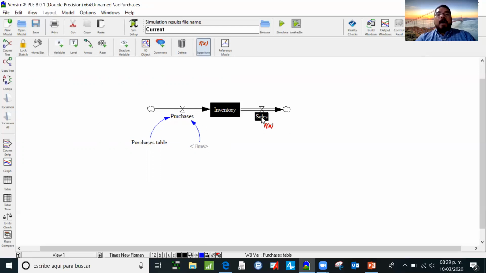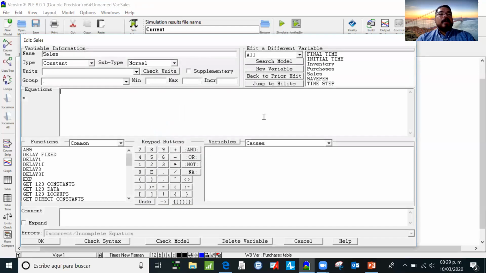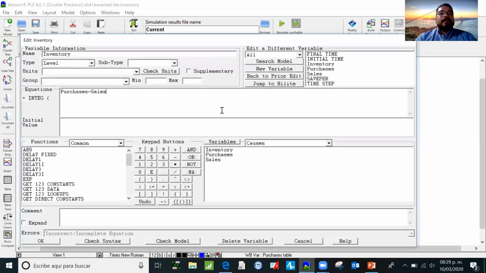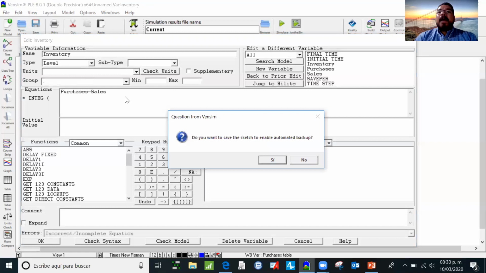Okay. Now I'm going to define the sales. We have already established that the sales are going to be constant and are going to be of 20 units per week. And for the inventory, as you can remember from the last video, the equation is already there. It's an integration of an equation represented by purchases minus sales, and it's integrating in time for the whole period, in this case from time 0, from week 0 through week 15.